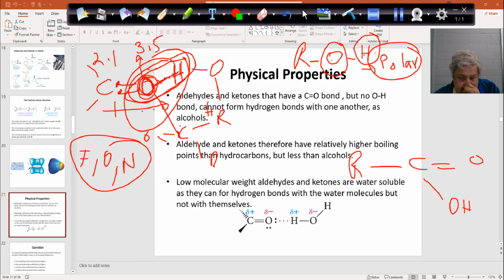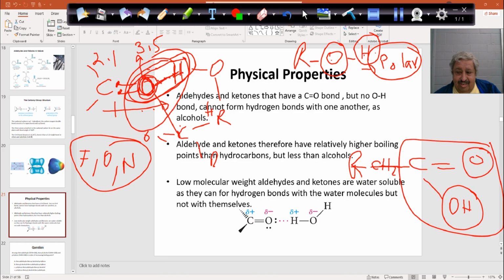For example, whatever this is, CH2, CH. So this is a carboxylic acid. It has this and it has this. This one here, a hydrogen, can make a hydrogen bond. This can make a hydrogen bond. This one can make a hydrogen bond.